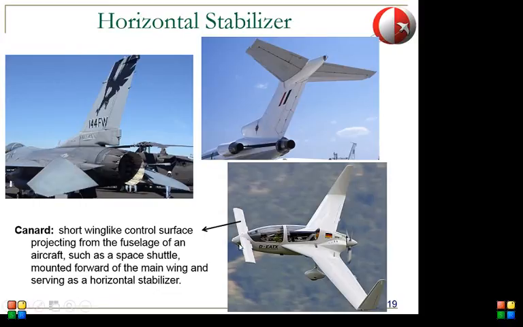And this is an unconventional design. So here you have the horizontal stabilizer at the nose of the aircraft, not at the tail. And this actual surface is called a canard. So this is a short wing-like surface projected from the fuselage of an aircraft. So the purpose is the same. It works as a horizontal stabilizer.